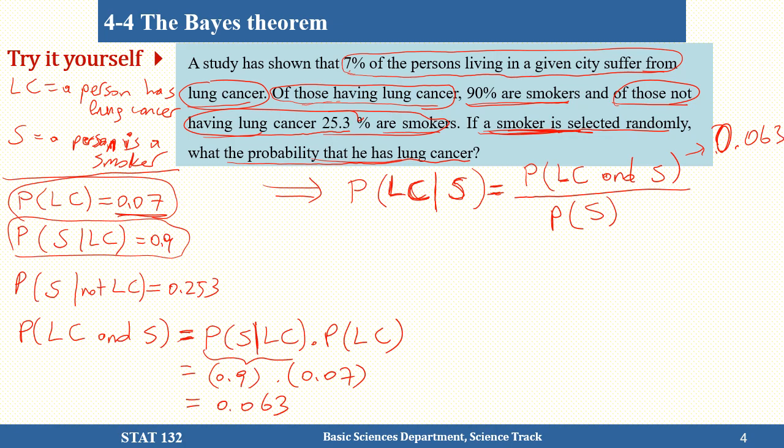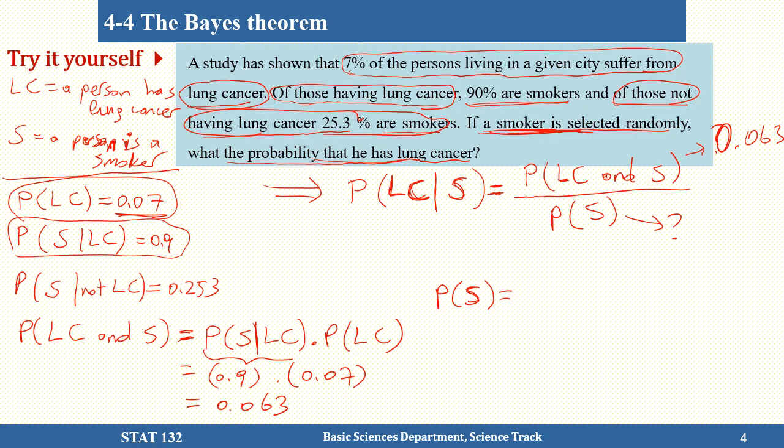Now, what is the probability of being a smoker? Here we can use a formula from Bayes.